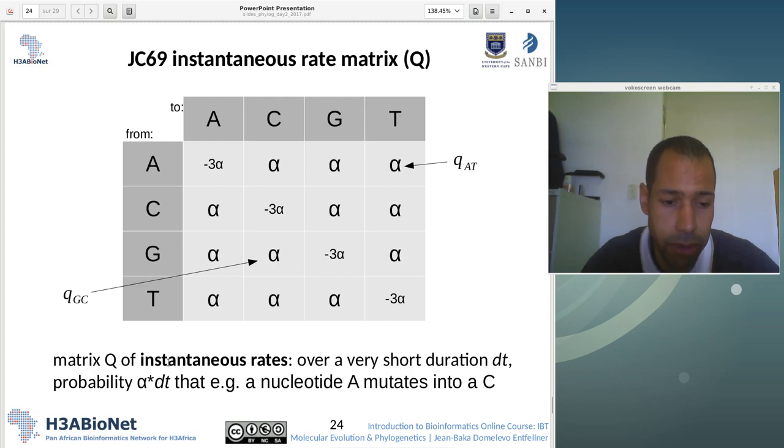You also have a probability alpha times dt that the nucleotide A mutates into a G, and likewise into a T. So you have probability 3 times alpha times dt that there is a mutation during an infinitely small amount of time dt. That's the instantaneous rate matrix. This is a complete description of the evolutionary model, and you'll see that we can perform some calculations using the rates in this Q matrix.